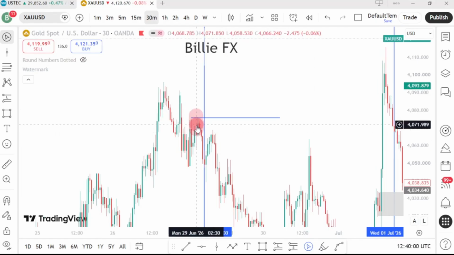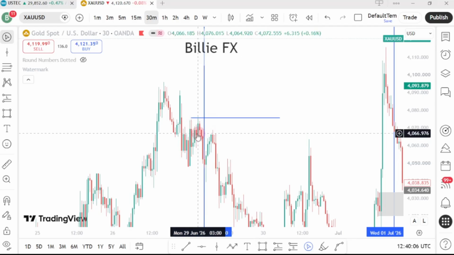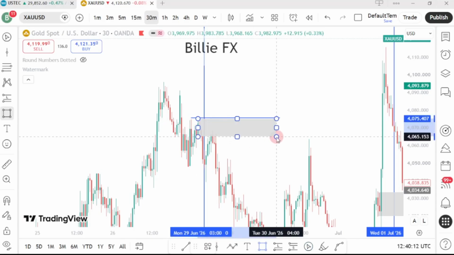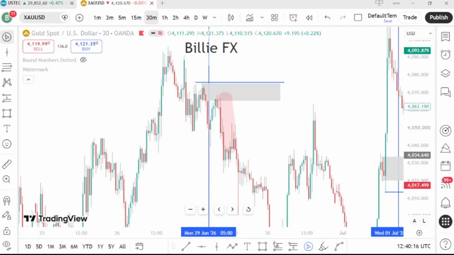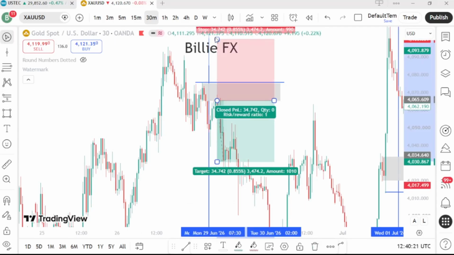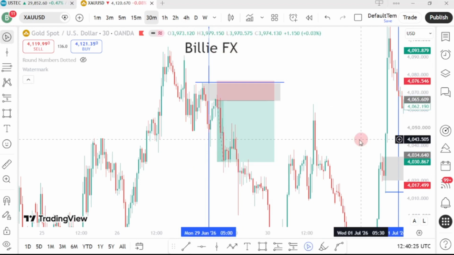The tip of the candle, right? So since we are talking about supply, we find a bullish candle that has been what? That has been engulfed. So let's look at it. This is the bullish candle that has been engulfed. We mark it, then we anticipate the price to come then what? And dump. Okay. So we take a short trade from there, then it targets maybe 1:2 or 1:3. So that is that, guys.